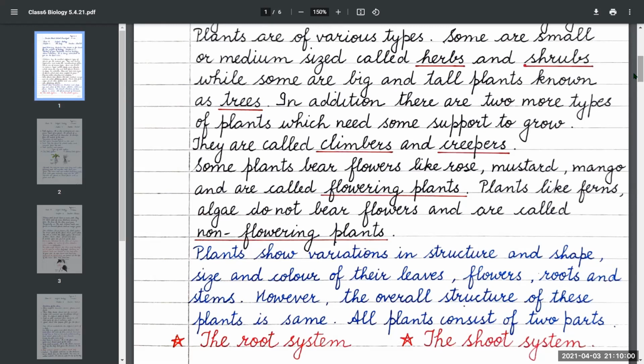Plants show variations in structure and shape, size and color of their leaves, flowers, roots and stems. However, the overall structure of these plants is same. All plants consist of two parts, the root system and the shoot system.